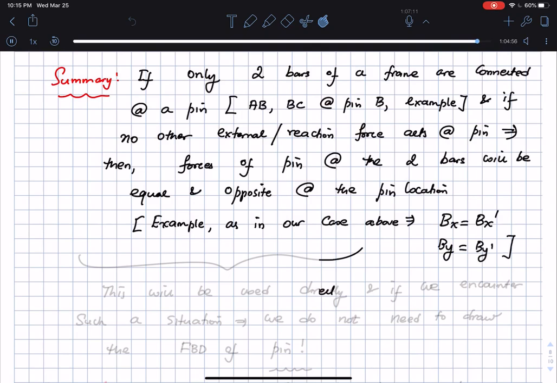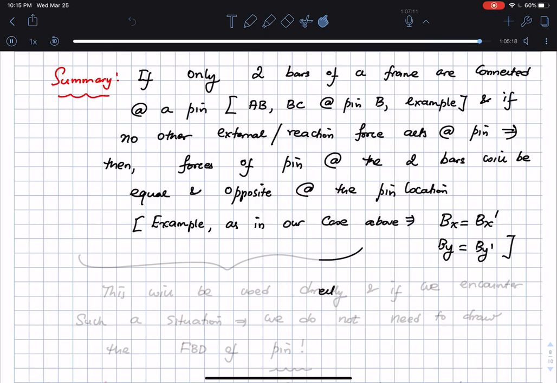And if this is not the case, then what we have to do is analyze the pin as a separate rigid body and then apply equations of rigid body equilibrium. So from the next time onwards, if there are only two bars connected at a pin for a frame, and if there are no other forces acting on the pin, then the force of the pin on those two bars is going to be equal and opposite.